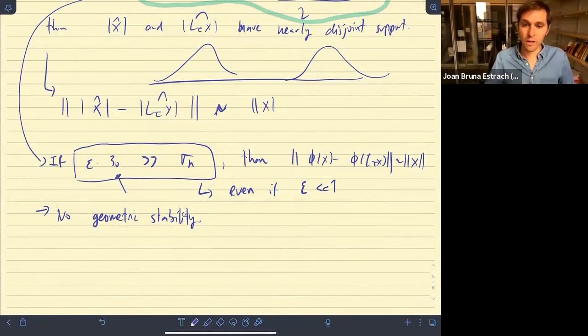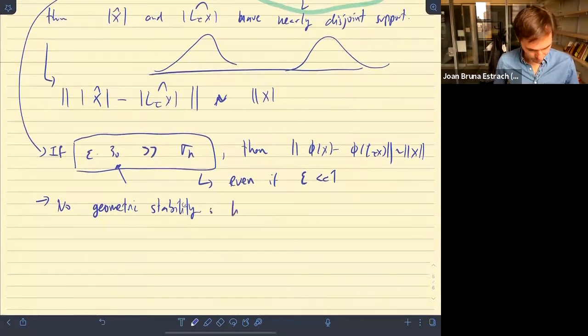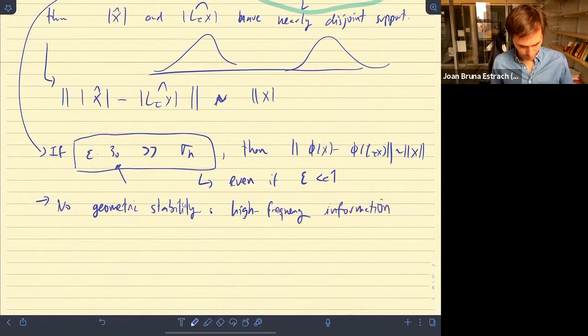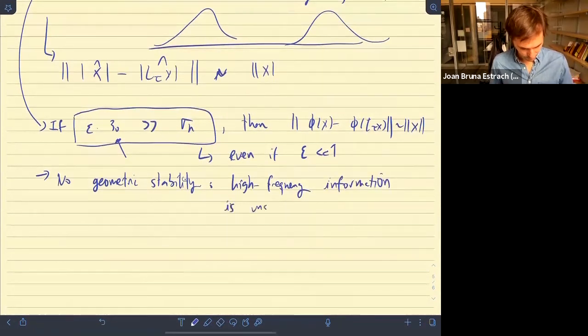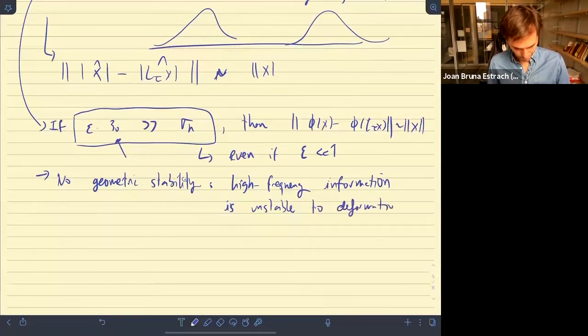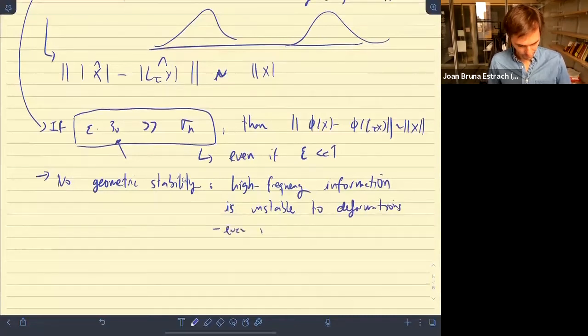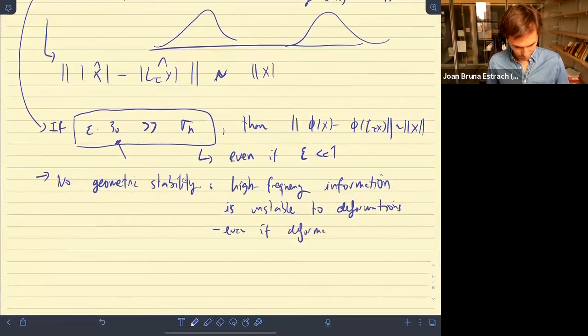So the reason why the difference between these two functions is not small is because if you push information to the high frequencies, the high frequency information is unstable. Stable through deformations, even if the deformations are near translations.